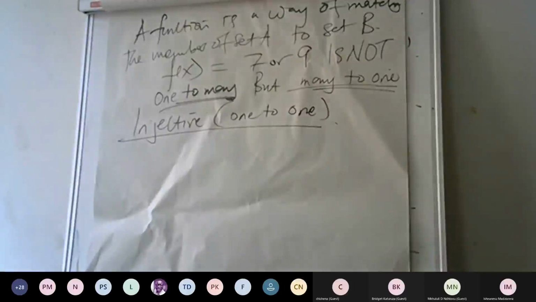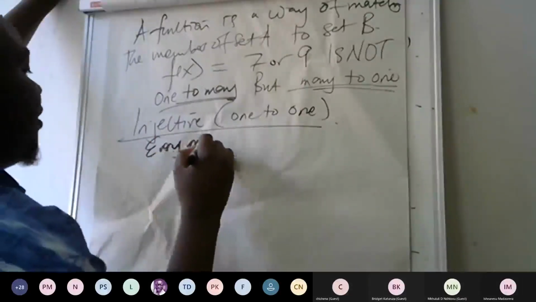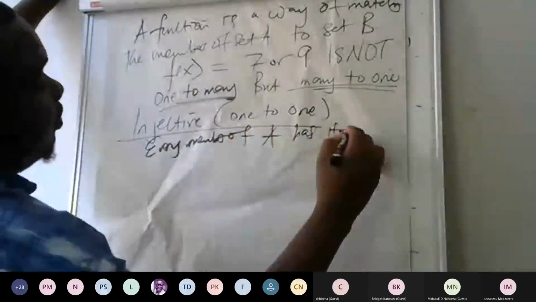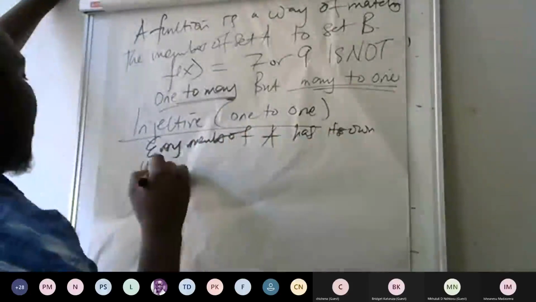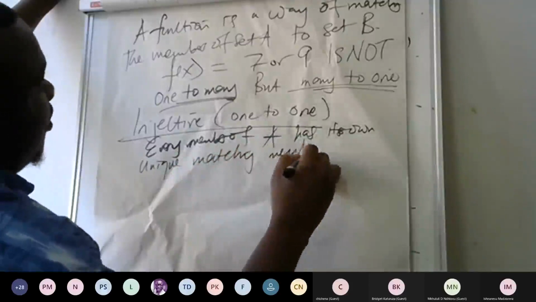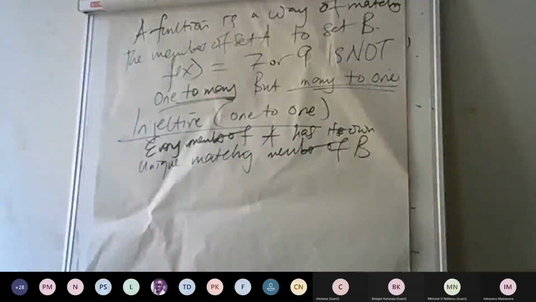What it means is that every member of A has its own unique matching member of B. Every member of A has its own unique matching member of B. That's your injective function, or it is called a one-to-one.